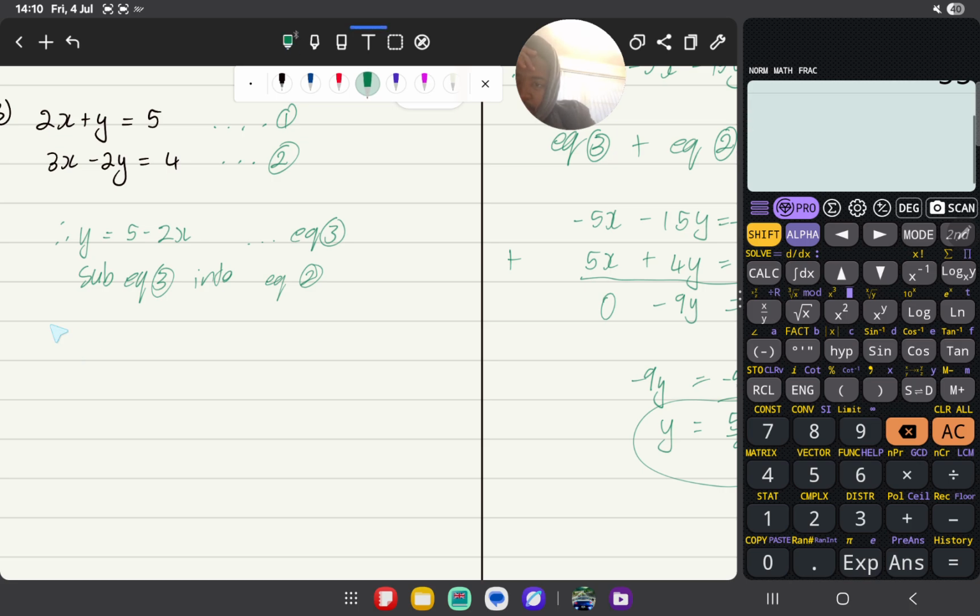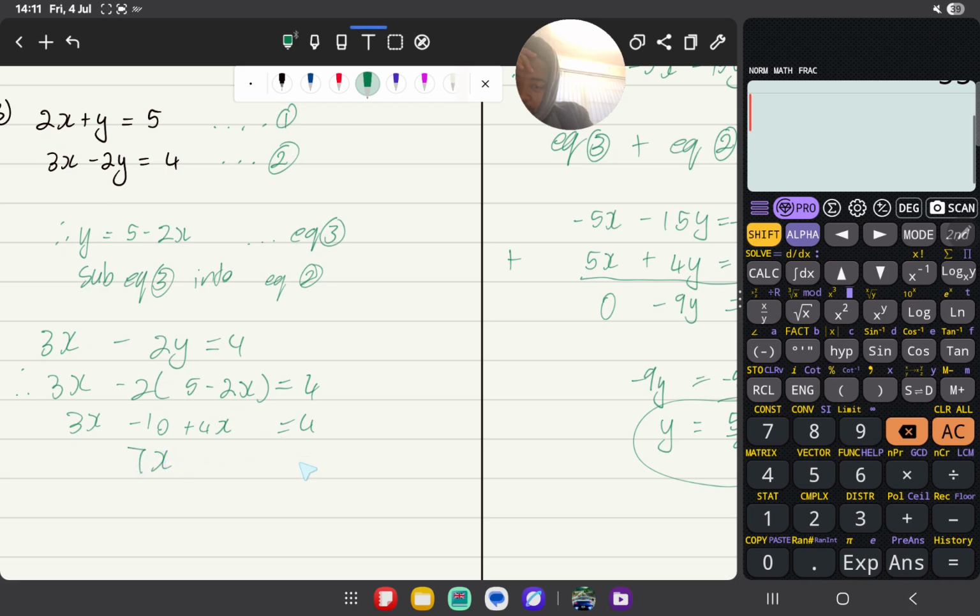So now when I substitute, I'm gonna have 3x minus 2y equals 4. Therefore 3x minus 2 into 5 minus 2x equals 4, so 3x minus 10 plus 4x equals 4.